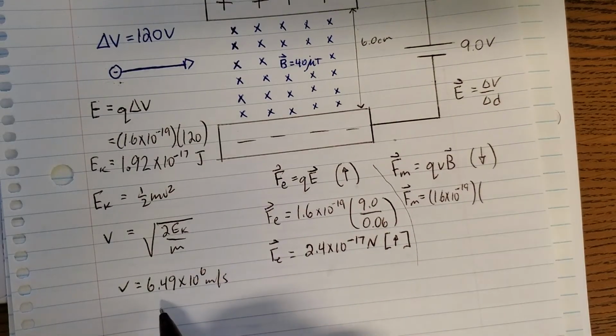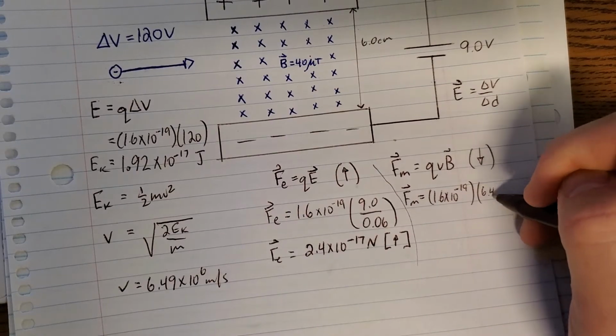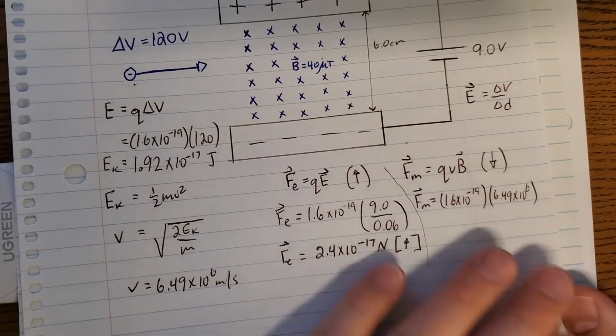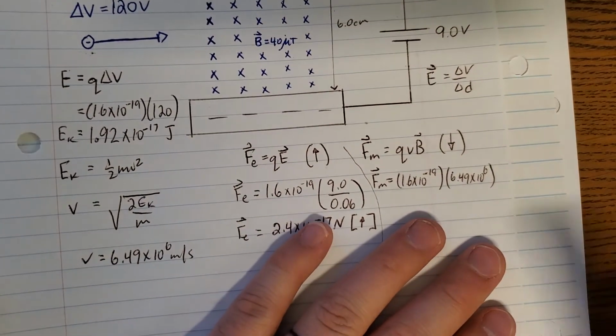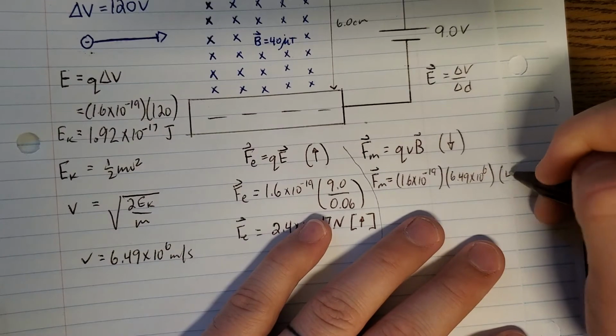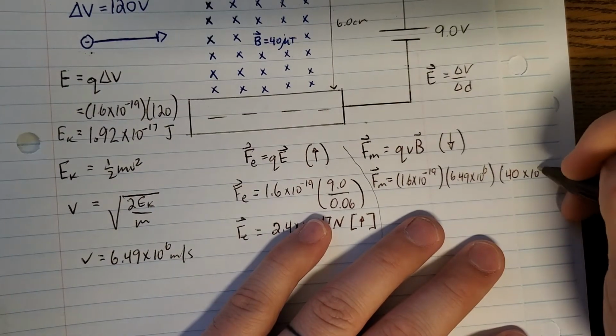Okay, we use our speed from over here. The magnetic field is 40 microteslas, so that's going to be 40 times 10 to the negative 6.